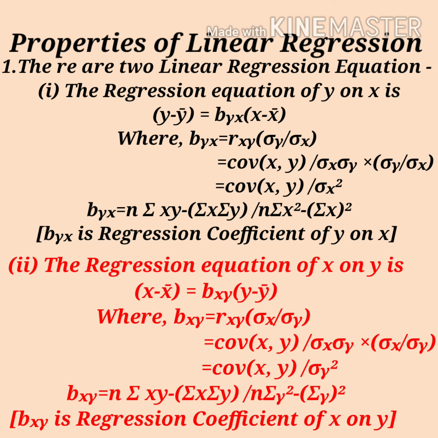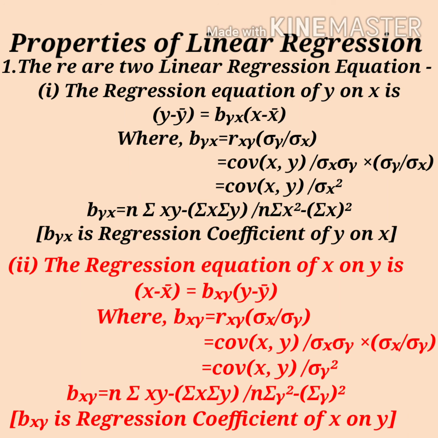So the first linear regression equation, the regression equation of y on x, is y minus y bar equal to b_yx into x minus x bar, where b_yx is the regression coefficient of y on x, equal to r_xy into sigma y divided by sigma x.